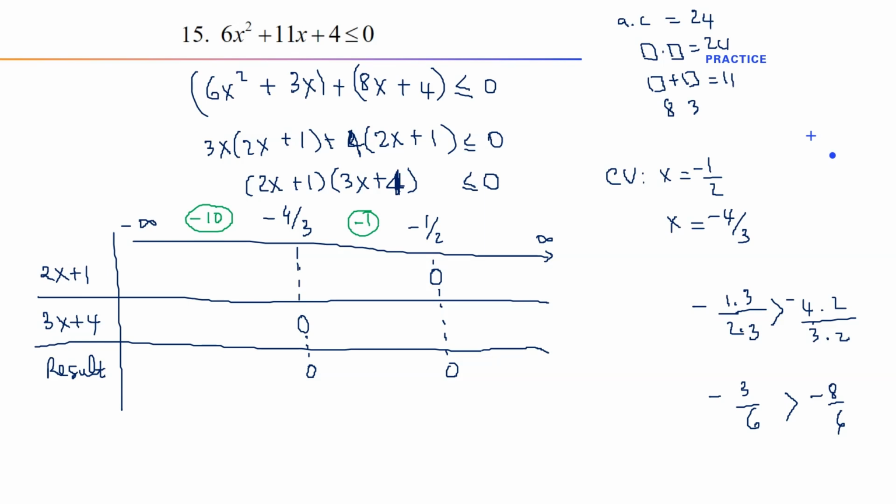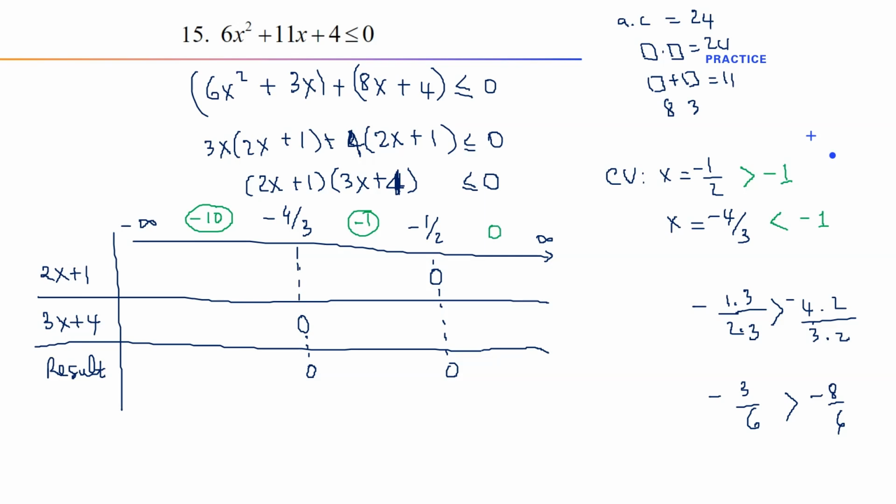Yes, we can use negative 1 compared to negative 4/3, right? Negative 4/3 is like negative 1.3, which is less than negative 1. So that's why we choose negative 1 as the test number. Then we can choose 0 here.